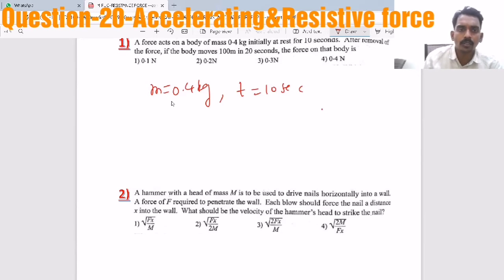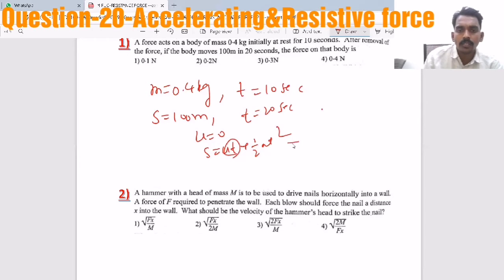After removal of the force, the body moves 100 meter in a time of 20 seconds. That means there is some acceleration. The force on that body equals mass into acceleration. They mentioned starting from rest, so if you take s equal to ut plus half at square, u is 0, then you will get a equal to 2s by t square.